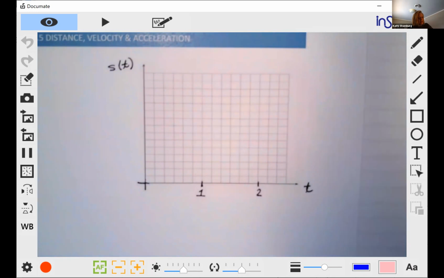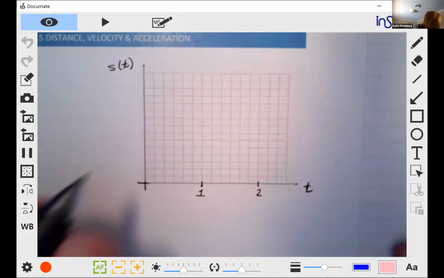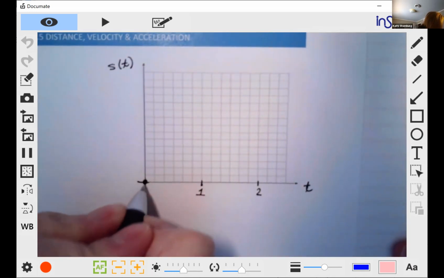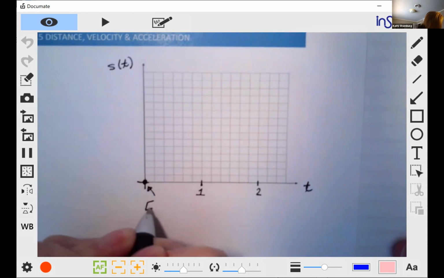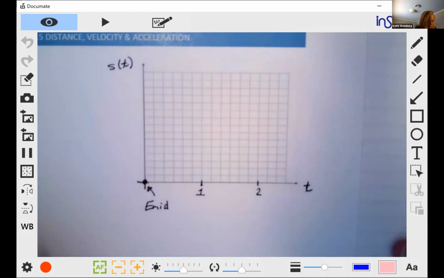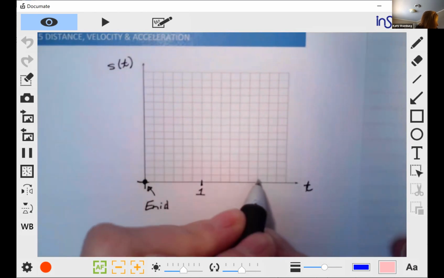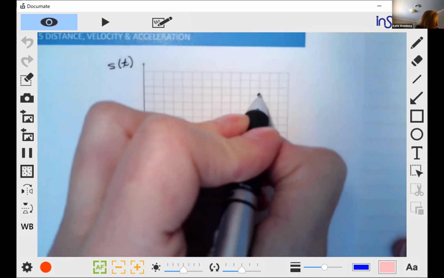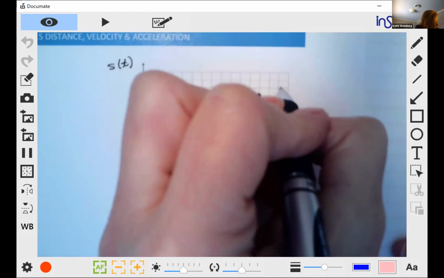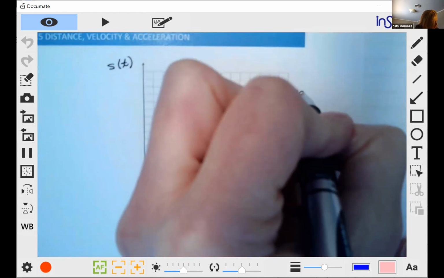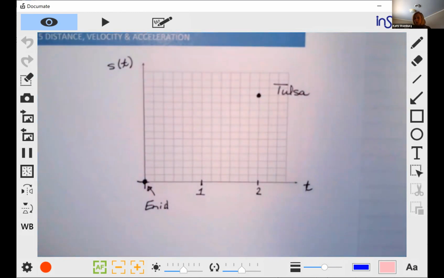So let's say that right here is where we start, and this is Enid. And let's say that we're traveling here, and we're going to say this is Tulsa, because Tulsa, depending on where you go, is about a 2-hour drive from here.